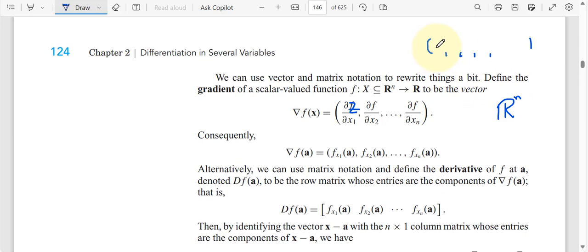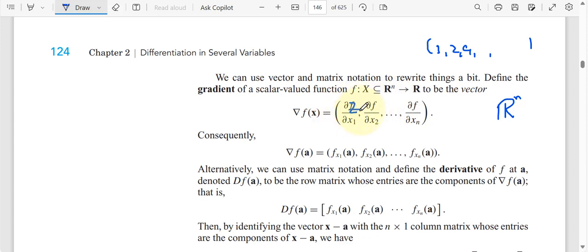So each element is like a number, so we might have 3 and 2 and 9 and so on. That would be a vector in Rn if there were n pieces here. But when we say Rn, R stands for real numbers. So it means that each of these entries should be a real number. But that's not the case here.